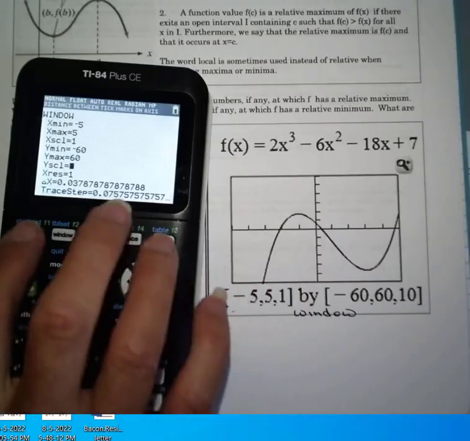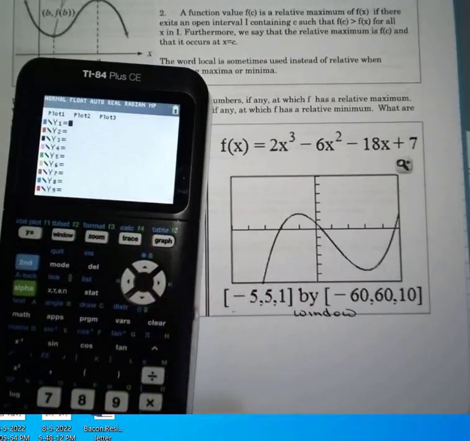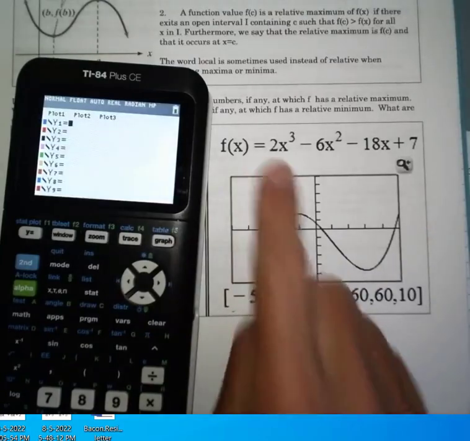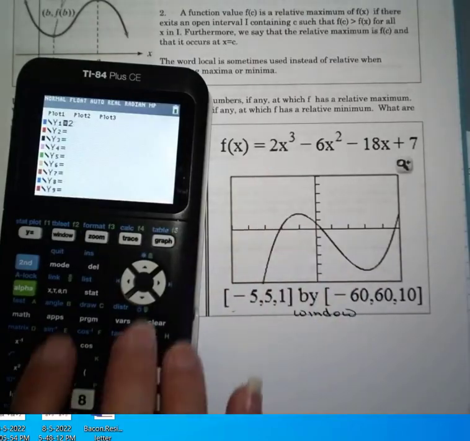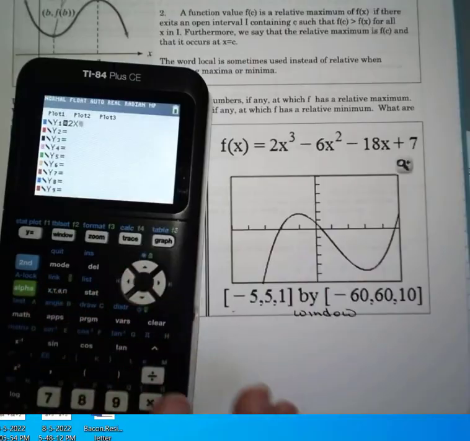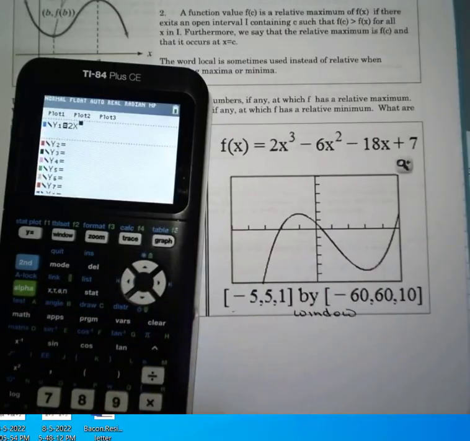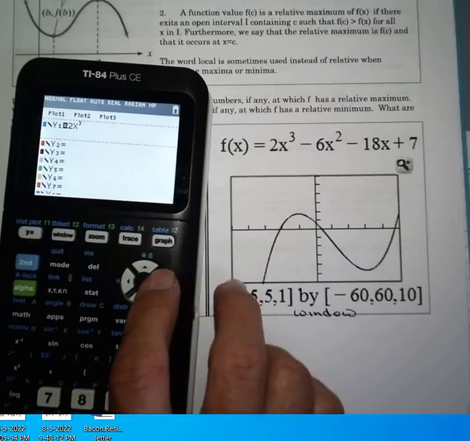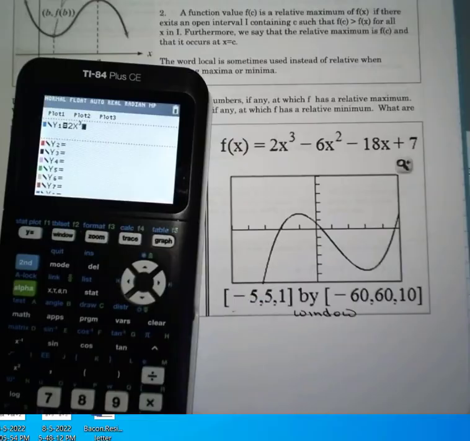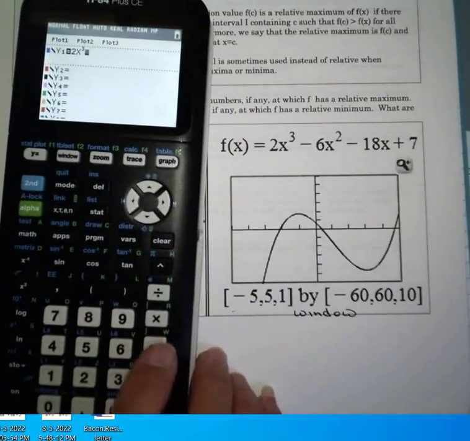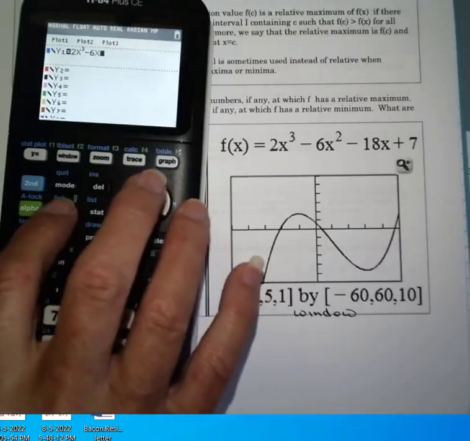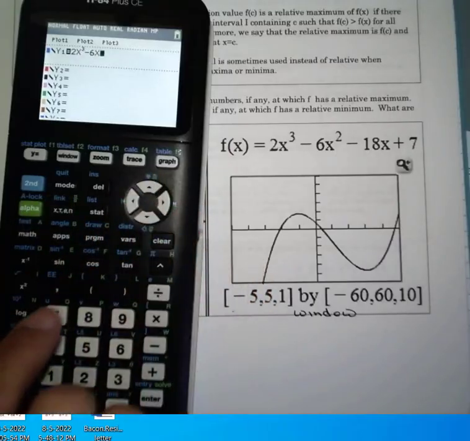Next, let's go over to y equals and enter this particular function. It's complicated. We're going to say 2, and we're going to have an x here, and then to the power of 3. I'm going to use the up arrow and say 3 here to get my exponent of 3 in there. Then minus 6x, and I'll square it this time.